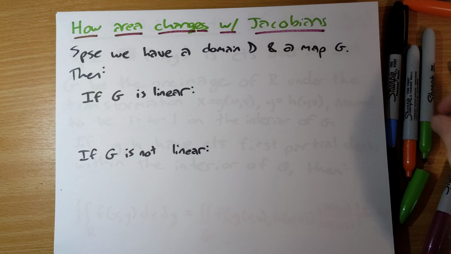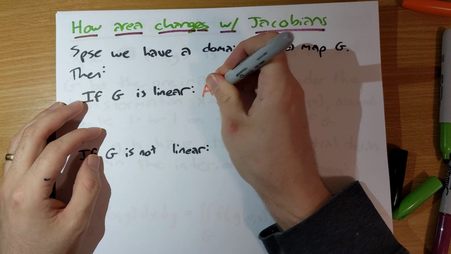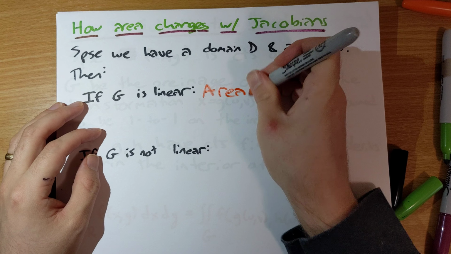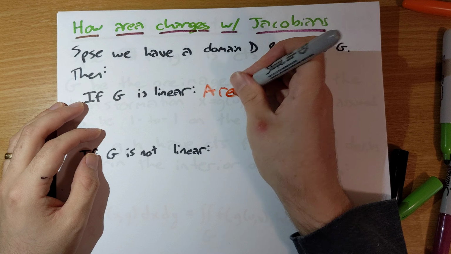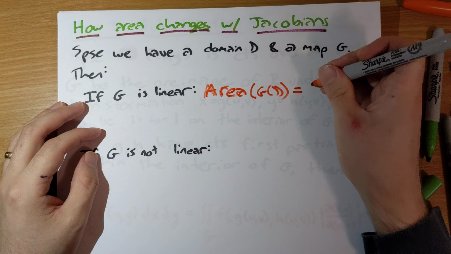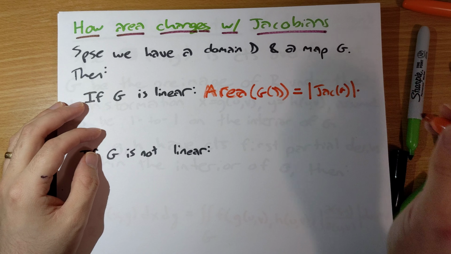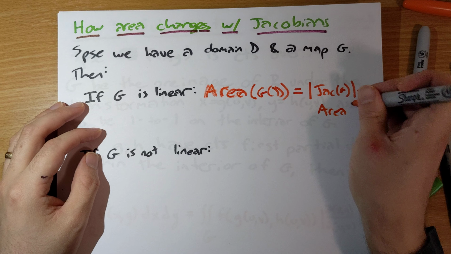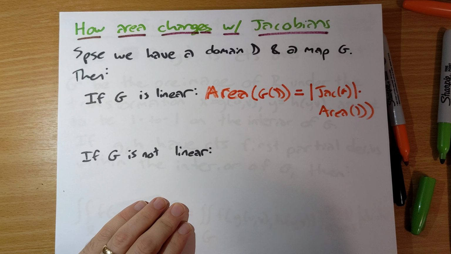If G is linear, then the area of G of D is exactly equal to the absolute value of the Jacobian of G times the area of D. So the Jacobian tells you how much you scale, what the factor is that you scale the area of your region by.